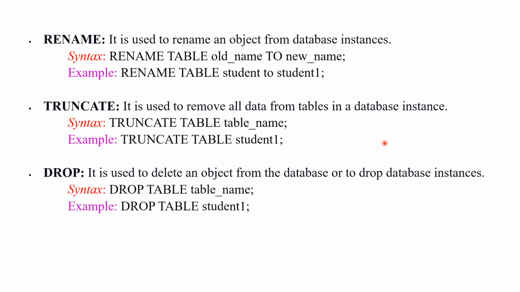The syntax is DROP TABLE table name. The example is DROP TABLE student1. After this command is executed, if you search for the table student1, it will display that no such table exists.